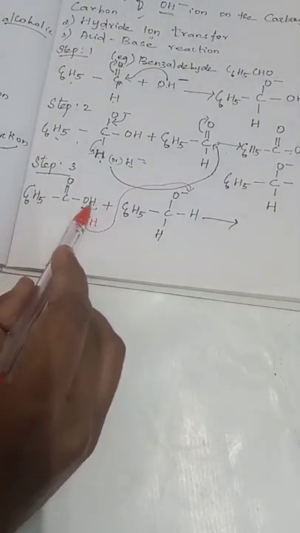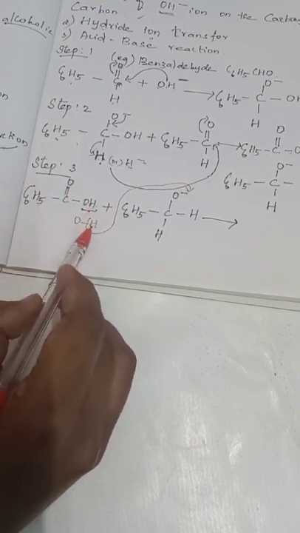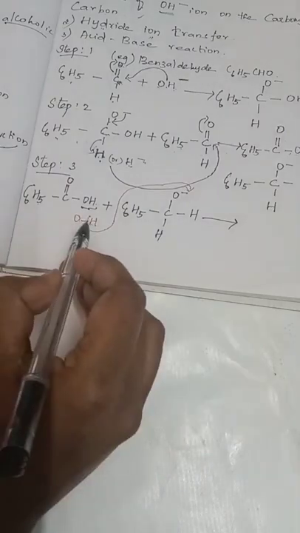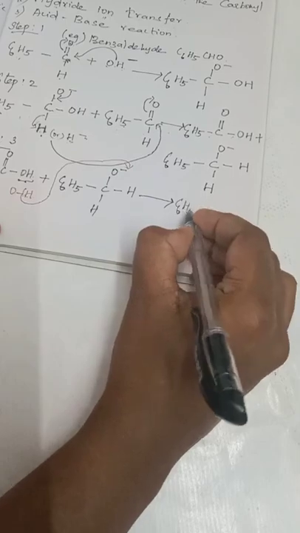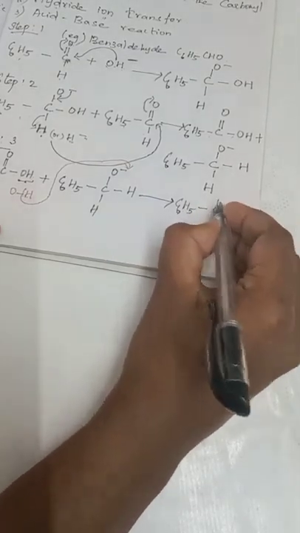In benzoic acid, from the COOH, one hydrogen transfers from one oxygen atom to another oxygen atom. So our expected product from step 3 is C6H5-C=O-O⁻. This hydrogen shifts from one oxygen to another oxygen. Now, what is the next product?